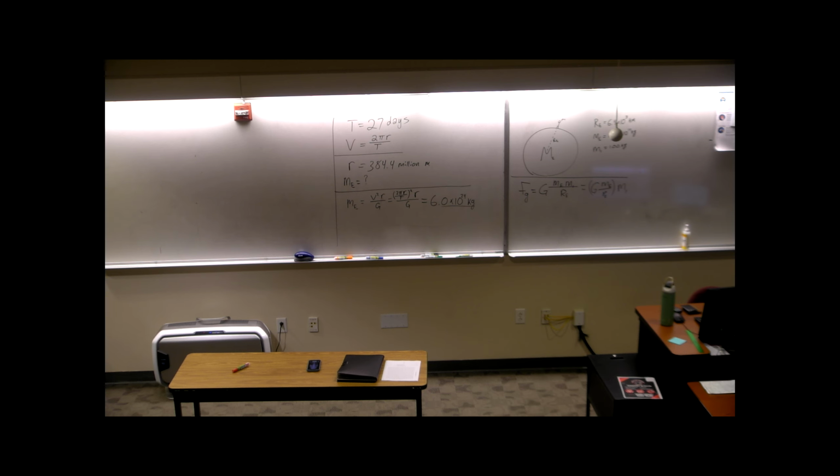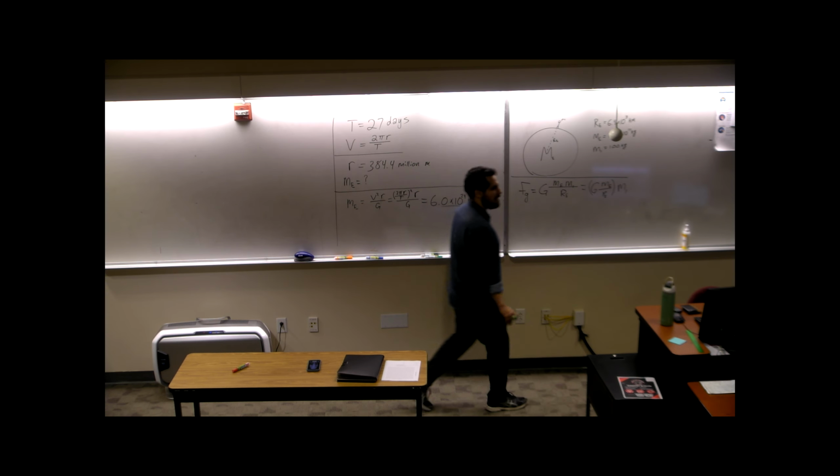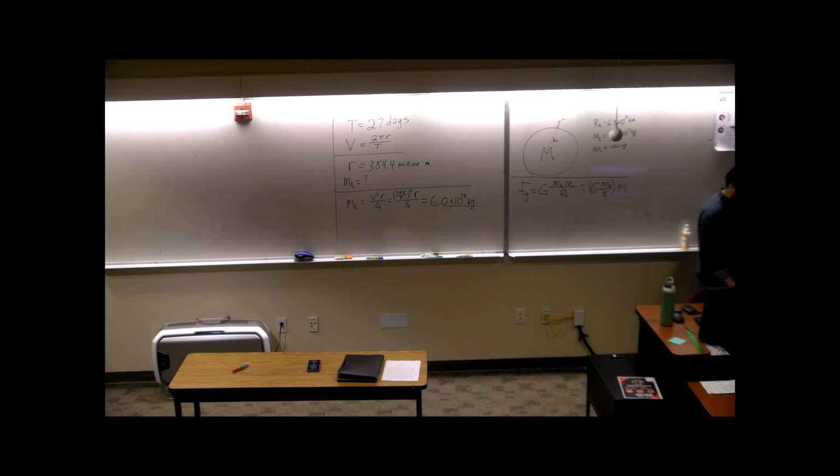What do we get when we multiply those three values together? 6.25 times 10 to the 7. Did I get a value wrong here? Mass of the Earth, 10 to the 7.